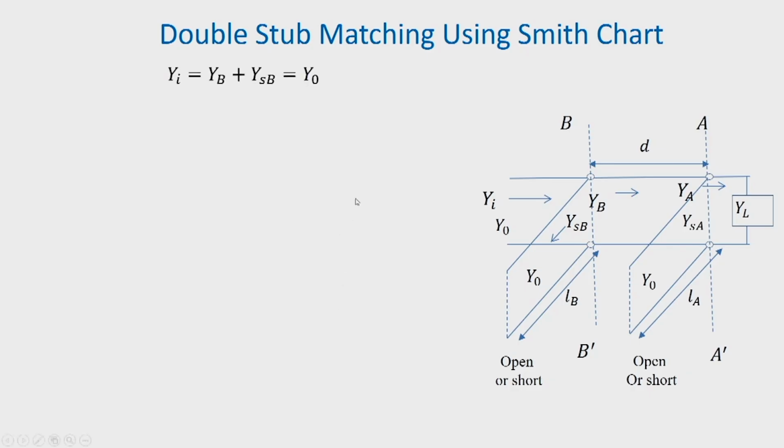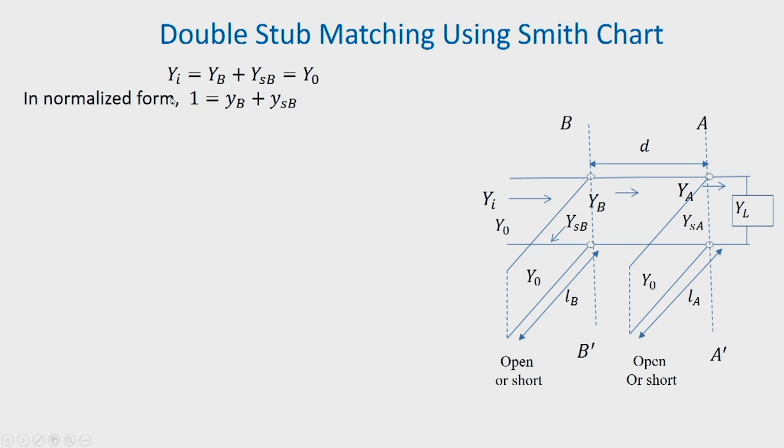Now, if we look at this double stub matching circuit, we find that YI, the input admittance, is equal to YB, the admittance looking from here, plus YSB, the admittance of the stub. The stubs may be open or short as shown. Here we need to find out the lengths of the stub LA and LB.